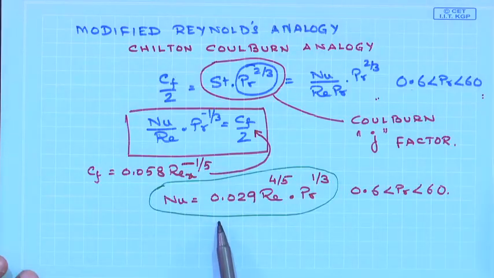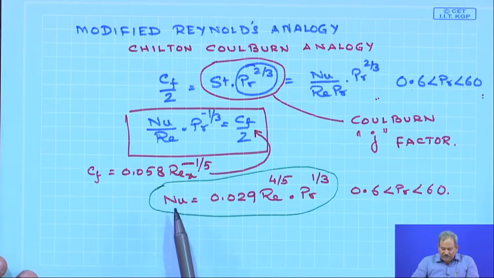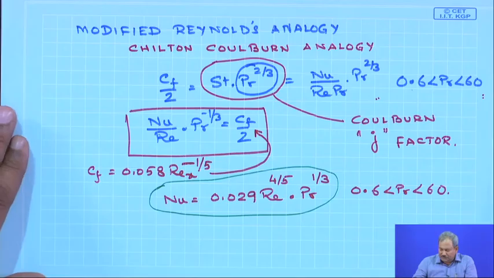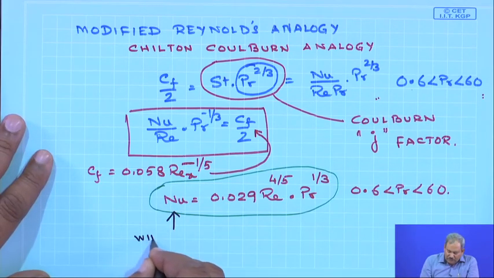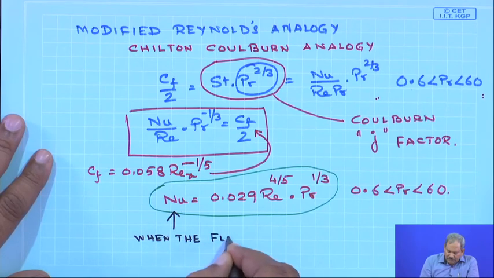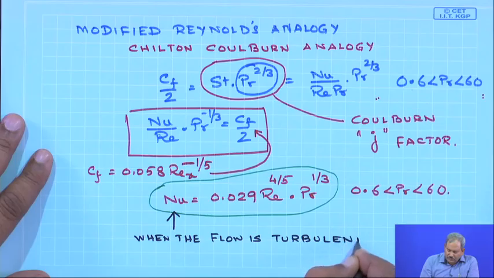What is important is again I would bring your attention to this equation, which simply gives you the Nusselt number for the case of turbulent flow as a function of Reynolds number and as a function of Prandtl number. I should mention, as I was telling you, this is when the flow is turbulent from the beginning.